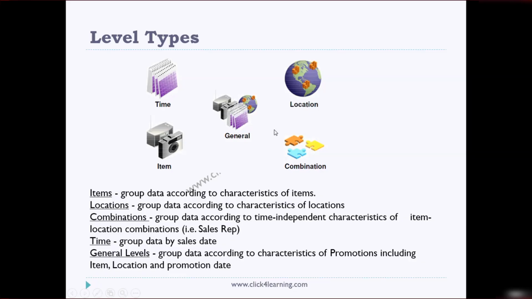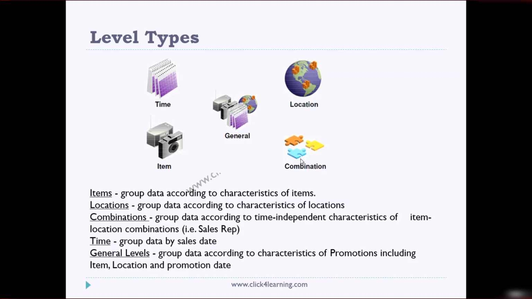Let's talk about general level and combination level. The combination level is the level which shows the data against a combination only, like item and location. Against this combination, it will show the data in the worksheet. I'll open a combination level example and then you can easily recognize it.